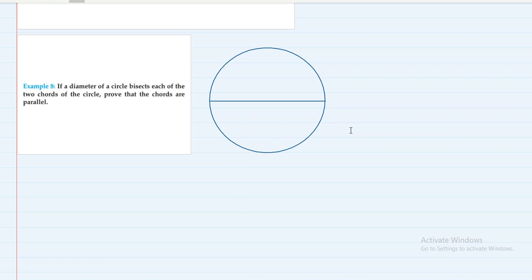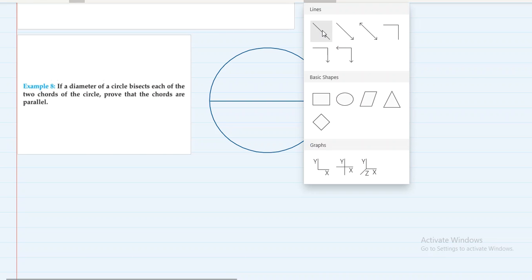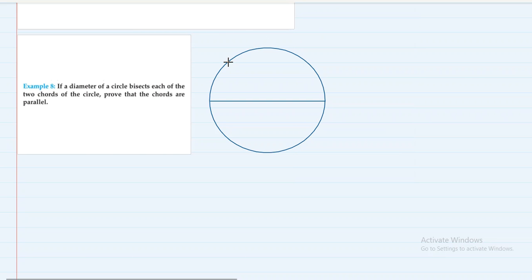Let me draw two chords. So this is one of the chords.